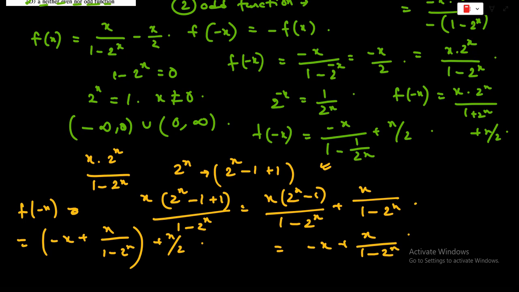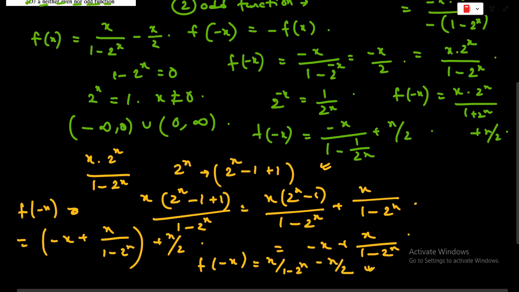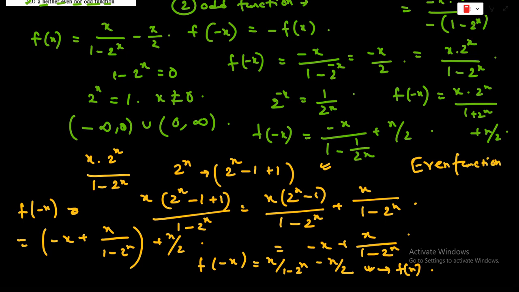So f of minus x will be what? x by 1 minus 2 to the power x, minus x by 2. So which is exactly our f(x). Okay, so it's an even function.